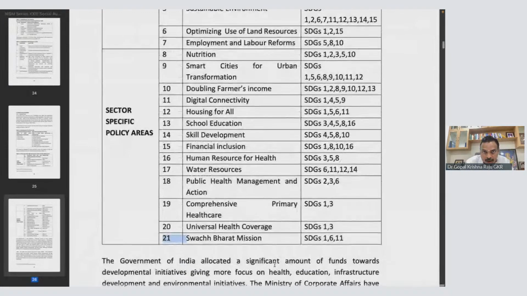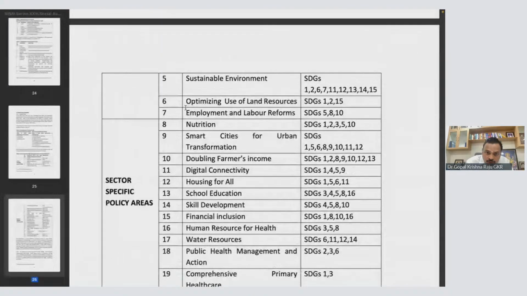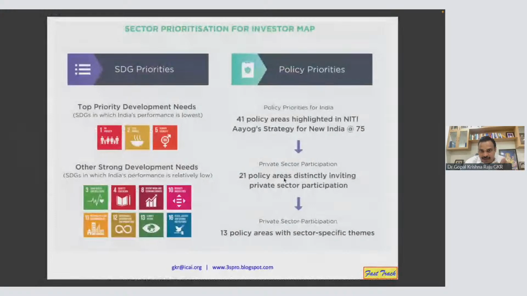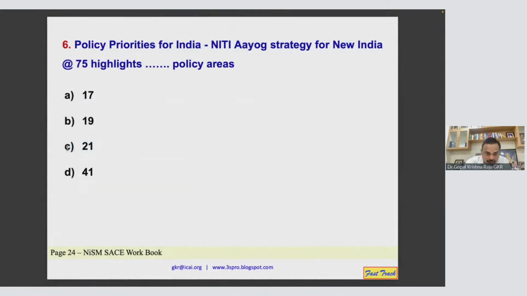Similarly, housing for all. And skill development. Skill development is not only done by the Government of India. It is done through private-public partnership. So these are the 21 policy areas. You have to be very clear with this question: where 21 will come, where 41 will come.